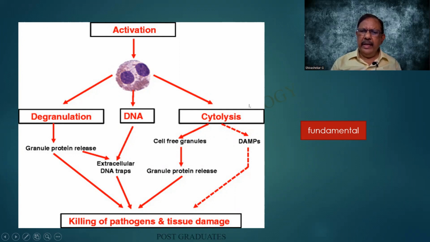Ultimately, there can be a lysis of the entire cell, as a result of which we can get cell-free granules. All of these can lead to killing of the pathogens or damaging the tissue. So this can be considered to be a fundamental flow diagram which you people can very easily enact upon.